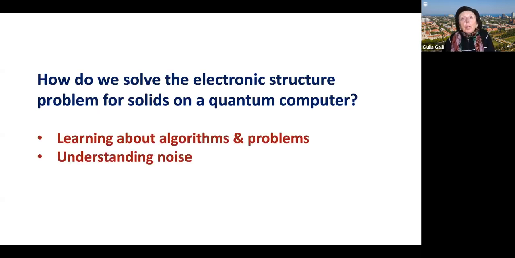Well, I think our interest, like the interest of course of many other people, is we want to learn how to define a problem, and if we can address some of the problems that are present with quantum computers, and also understand the noise. So all the devices in quantum computers are noisy. The hardware is noisy. Can we do something even with these noisy devices?